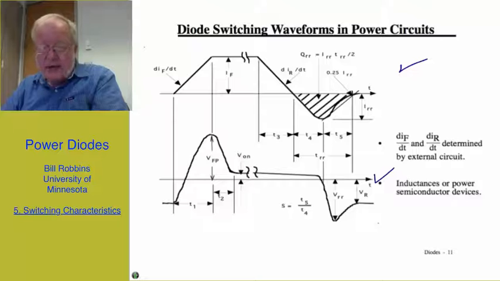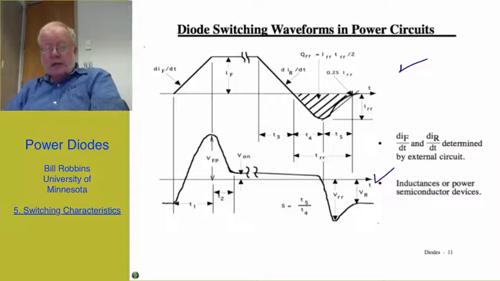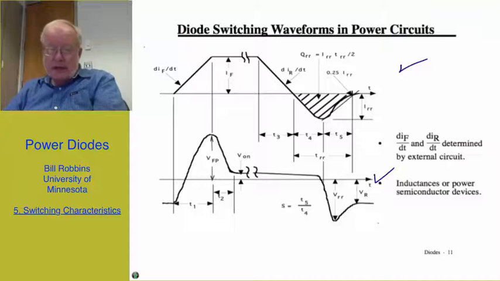That ramp rate for increasing the forward current is dictated by the external circuit, either a series inductance and a power supply voltage, or the speed of a switch which is in series with the diode. So it takes a time t1 for the current to ramp up to the forward on-state value.